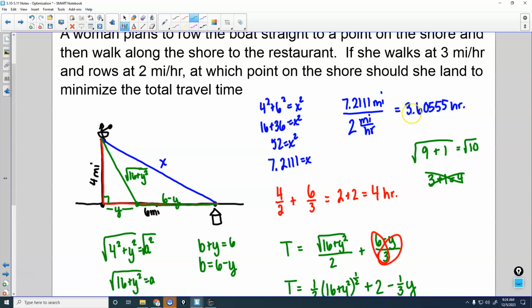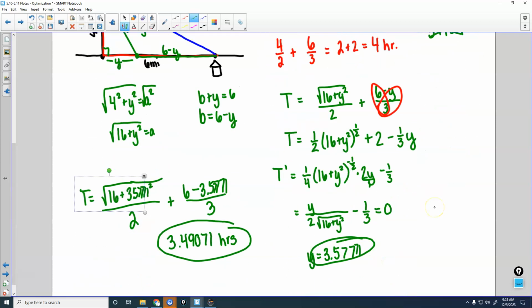The other route would take 3.605, so 3.605 minus the answer that we just got. It is going to save us 0.11 hours, which is 6.6 minutes. So it would be 6.6 minutes quicker if she did this.